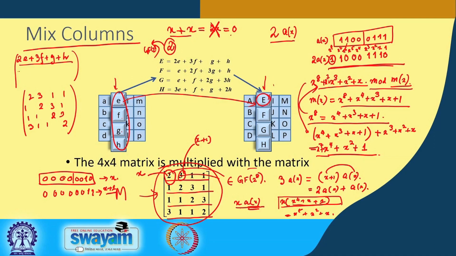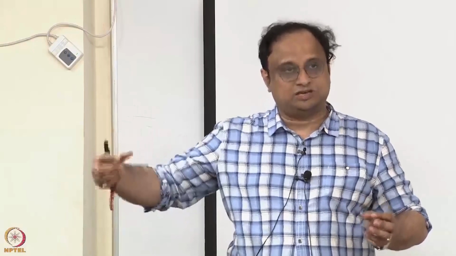Likewise, there will be 3 more elements. Now if you observe this particular term, you have an element in GF2 power of 8 which is E, and there is another element in GF2 power of 8 which is 2. You are doing this multiplication just the way we defined, and likewise for 3F, G and H, and all of them are GF2 to the power of 8 elements, and you know how to add GF2 to the power of 8 elements.